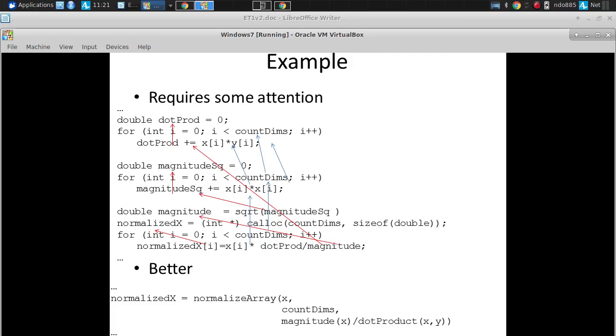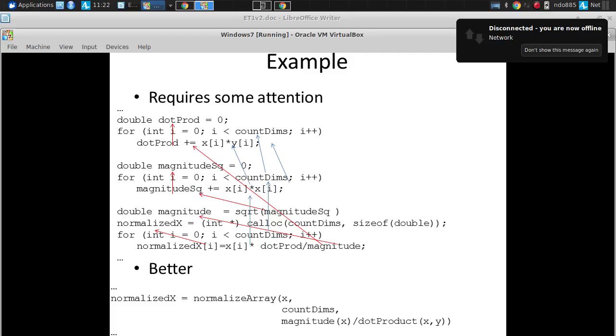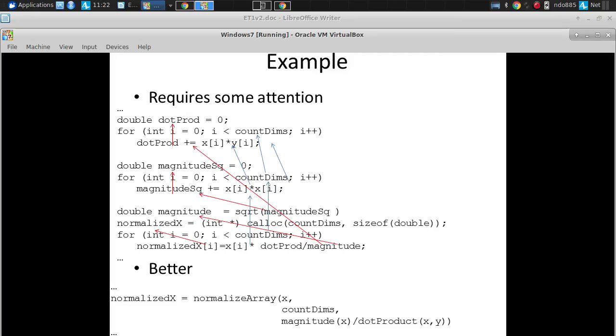Here, to compute the normalized version of x, we are depending on x, and we're depending on the results of calling magnitude and calling dot product. You could figure that out from up here, that computing normalized x depends on the dot product, depends on the magnitude, and depends on some normalization.